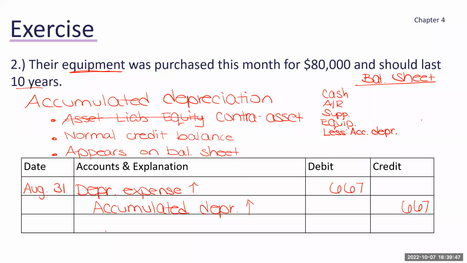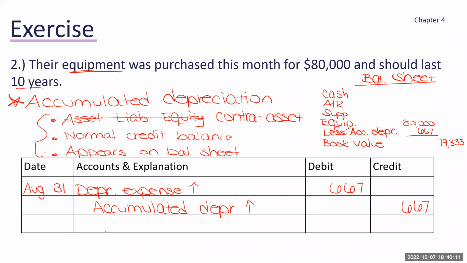So in this example, it would be 80,000 less accumulated depreciation of 667. 79,333 is what we call book value. That's the value on your books of that particular piece of equipment.